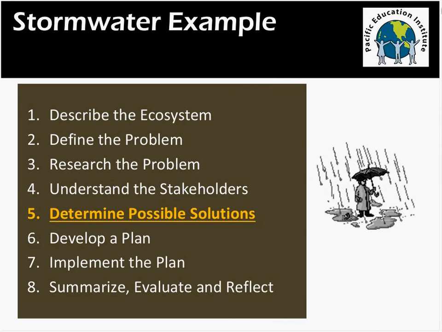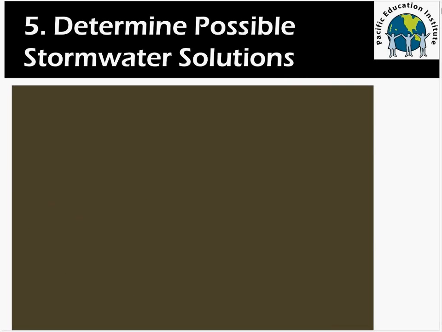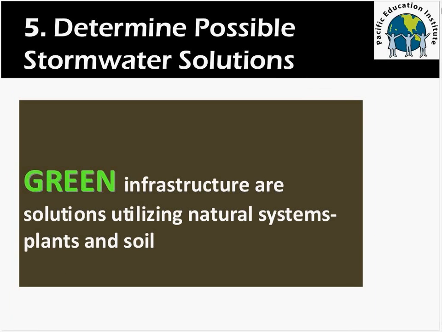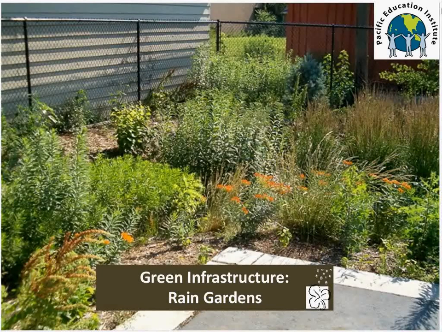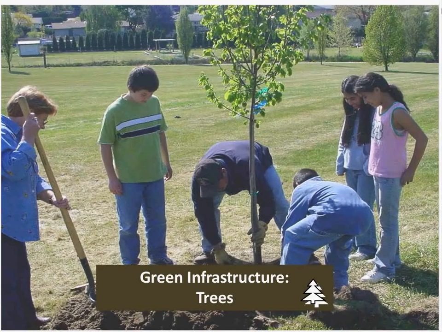Now we're on to determining possible solutions. Green solutions utilize natural systems. So if we look at green solutions, there are rain gardens, there are plantings. You can just plant trees, that's a great solution.